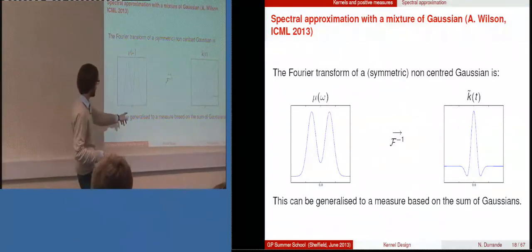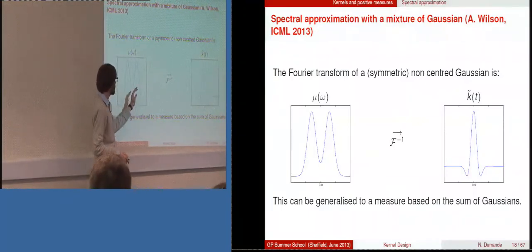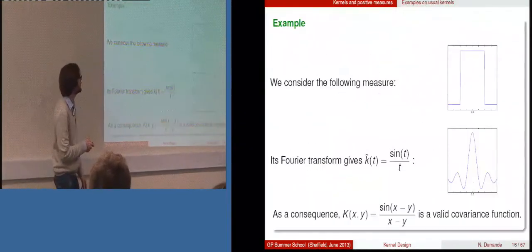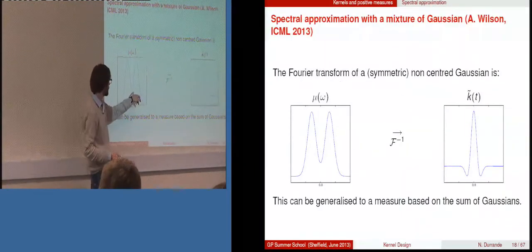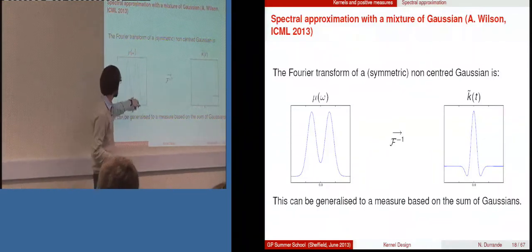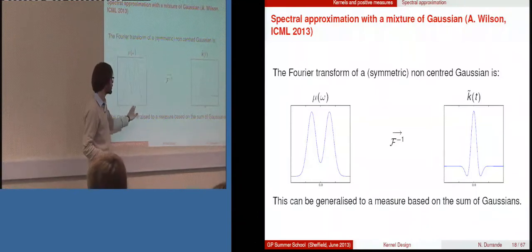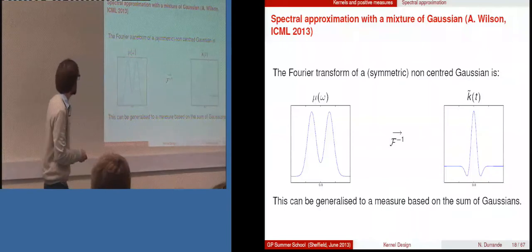I take a Gaussian here, over there, and then I make it symmetric. Why do I make it symmetric? Because when I take the inverse Fourier transform of this measure, I don't want my result to have an imaginary part. So here I only consider a symmetric function, so I'm sure that I will end up with a real function in the end.